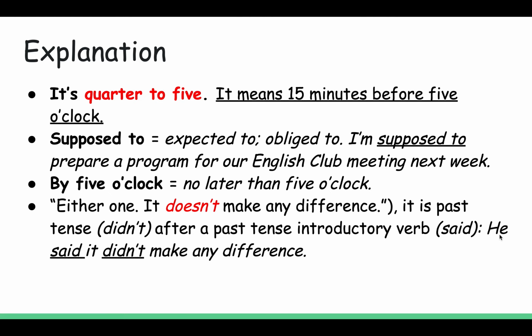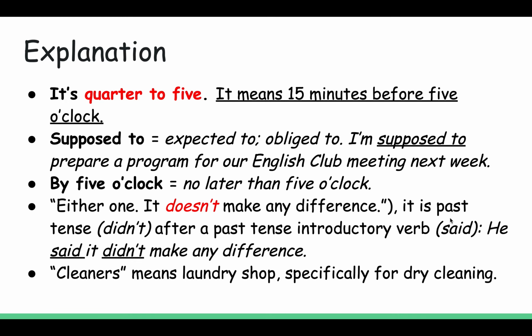Said is the past tense of say, right? So you're also going to use didn't. He said it didn't make any difference. You're not going to say, he said it doesn't make any difference. You use both past forms of the verb, especially when it's said.